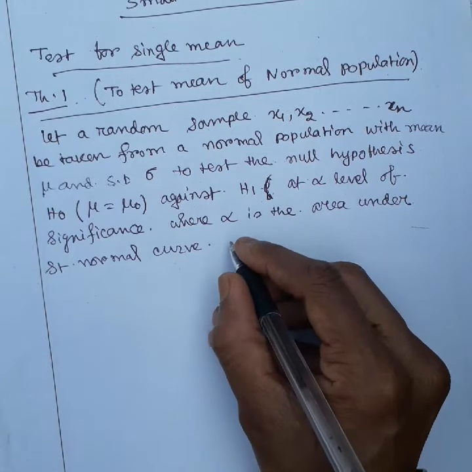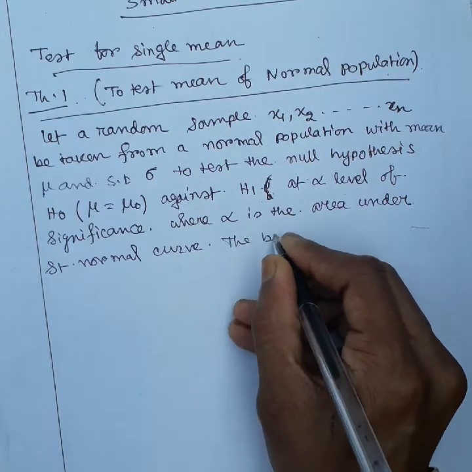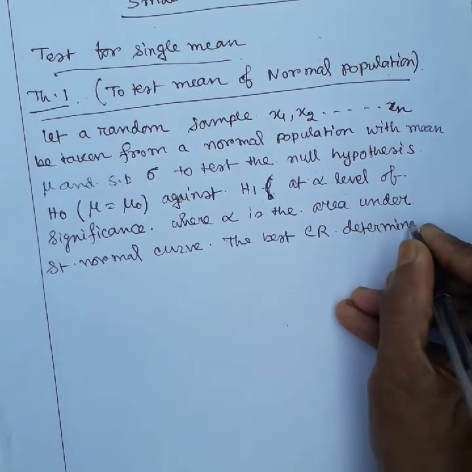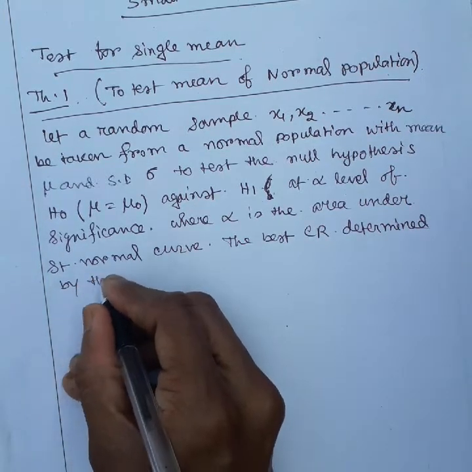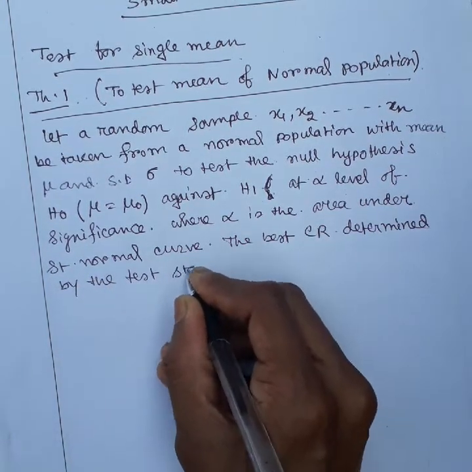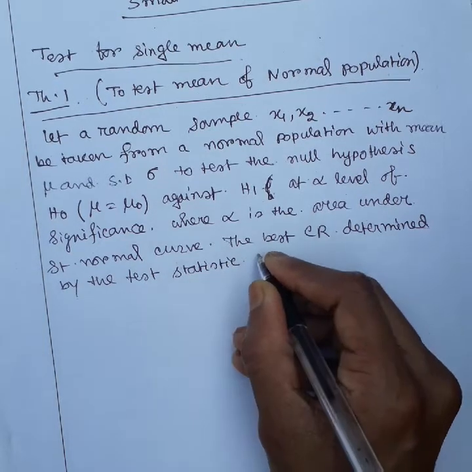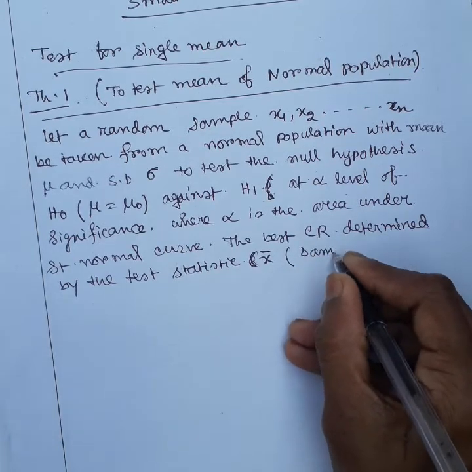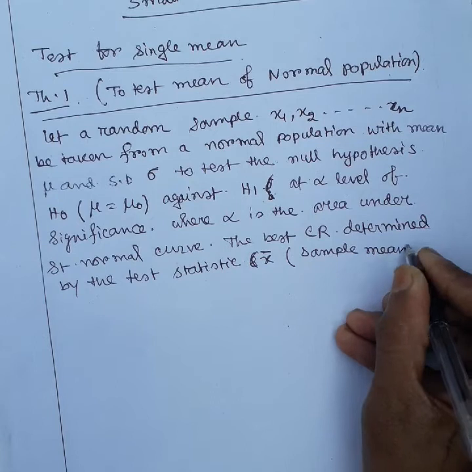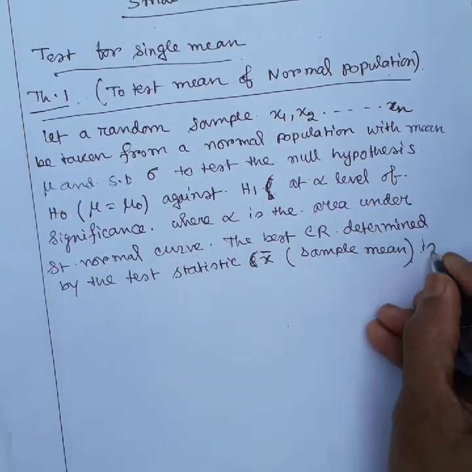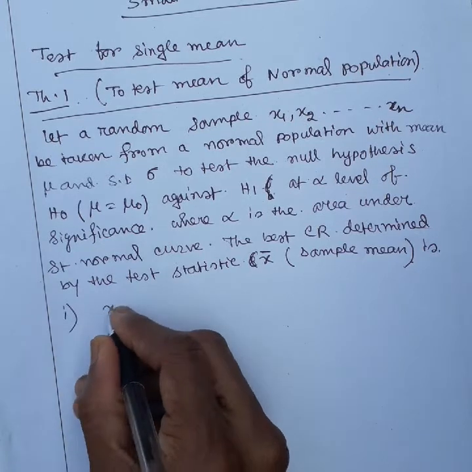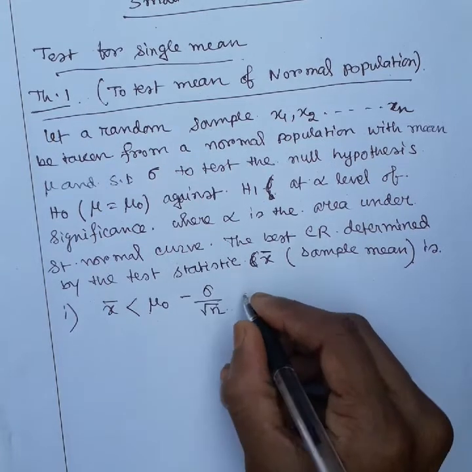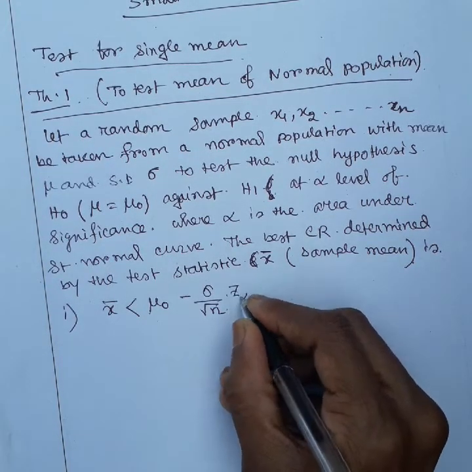So from here the best critical region determined by the test statistic x bar, which is the sample mean, is: number 1, x bar less than mu 0 minus sigma by root n into z alpha.